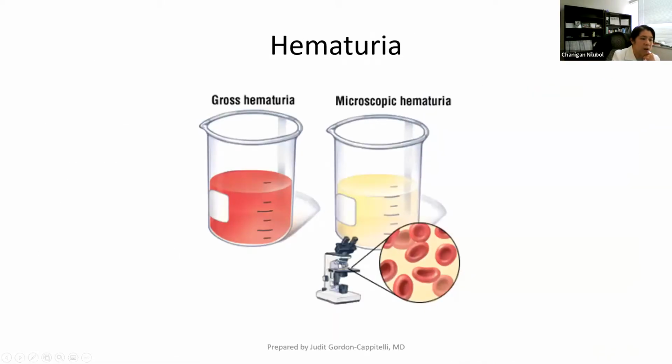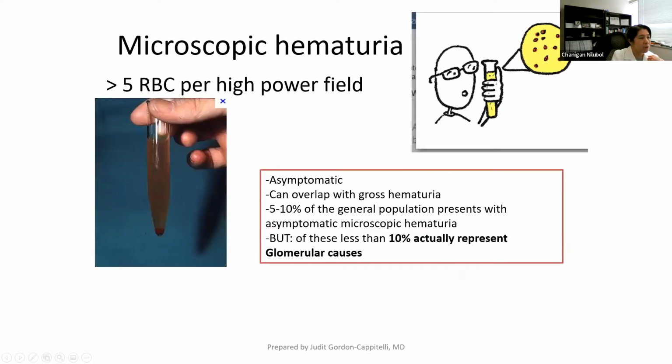So hematuria is pretty self-explanatory. The patient sometimes can come in with gross hematuria, or they may not know about it, but they actually have microscopic hematuria. So the definition of microscopic hematuria is more than 5 RBCs per high power field.